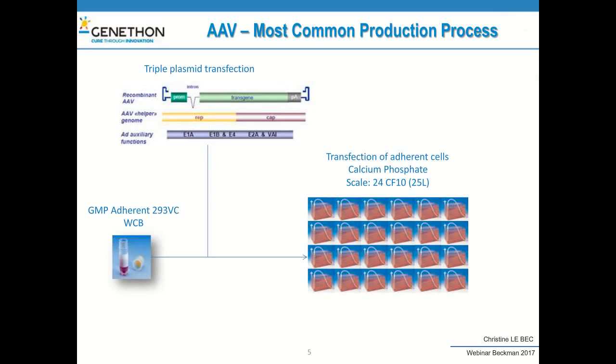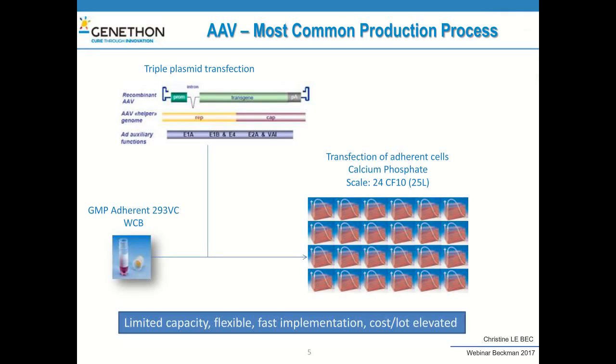This process is commonly used for producing AAV at research grade, but in some cases for GMP lots at a small scale, because with 24 cell factories you get around 25 liters of bulk product. So this process is flexible and fast to implement, but has limited capacity, and the cost is elevated per lot.